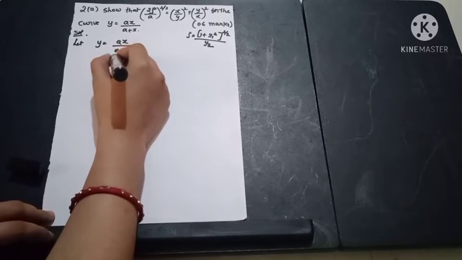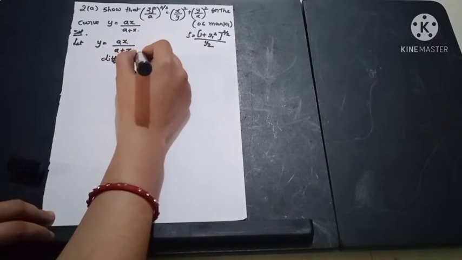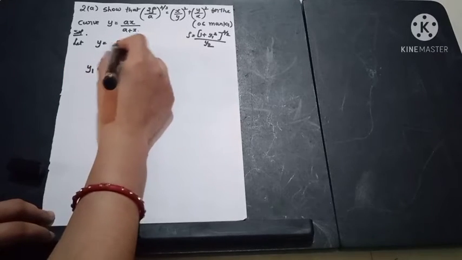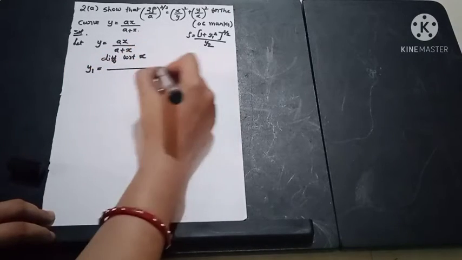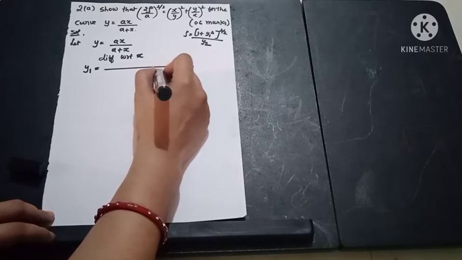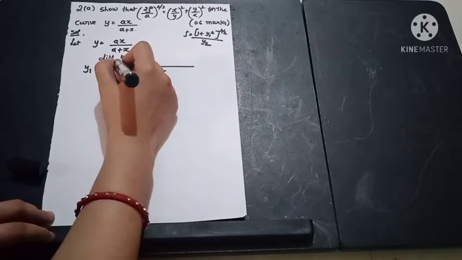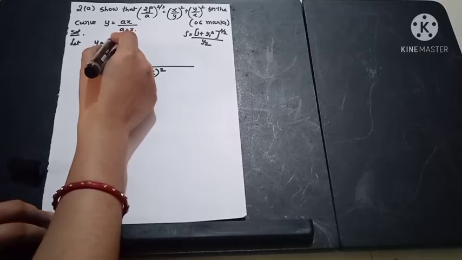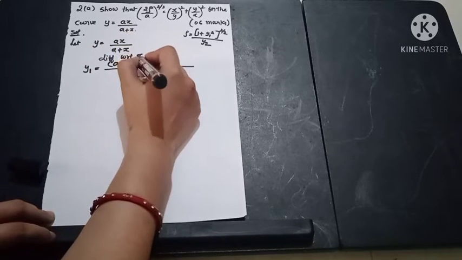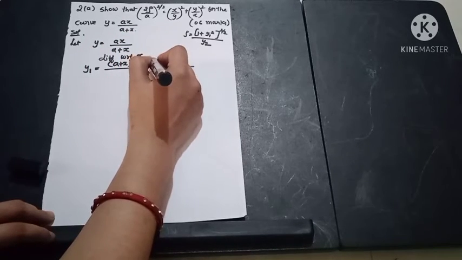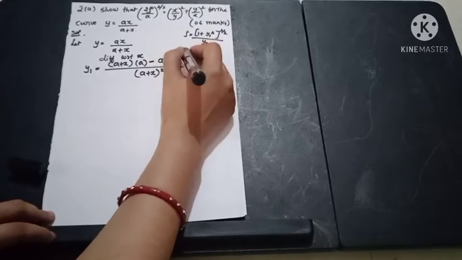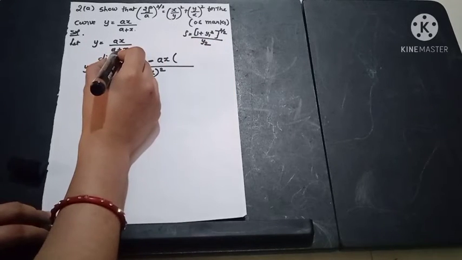So differentiate with respect to x. What we get is y1. y1 is the denominator, a plus x whole square, into the derivative of the numerator, ax with respect to x, we get a, minus the numerator as it is, into the derivative of the denominator.